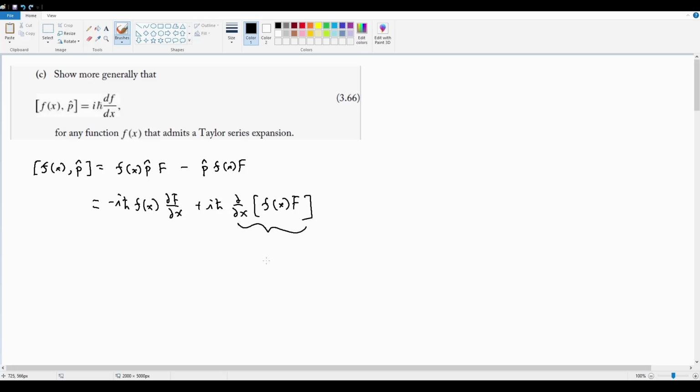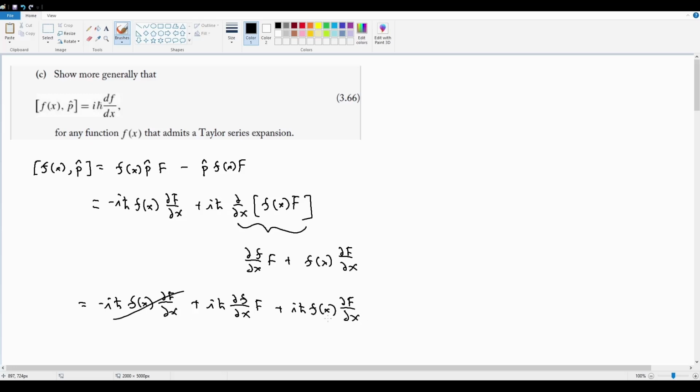This inner term is going to, by chain rule, go to df/dx times F plus f(x) dF/dx, right? So negative i h bar f(x) dF/dx plus i h bar df/dx times big F plus i h bar f(x) dF/dx, like that.